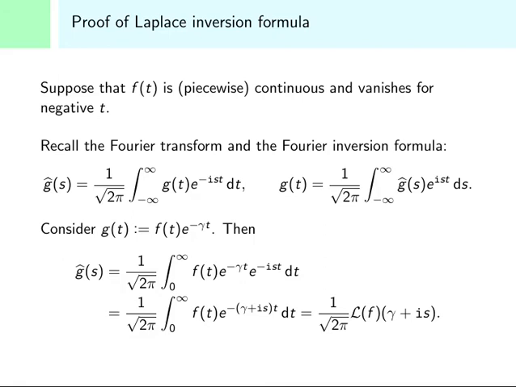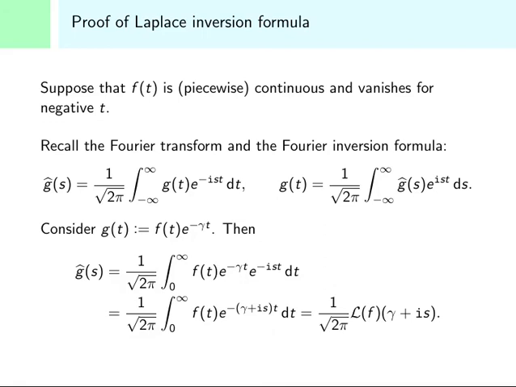For any function g, depending on time, we have got that the Fourier transform equals 1 over square root 2 pi times the integral from minus infinity to plus infinity of g of t times exponential negative ist dt. And the Fourier inversion formula tells us that g of t equals 1 over square root 2 pi times the integral from minus to plus infinity of the Fourier transform of g in s times the exponential ist ds.